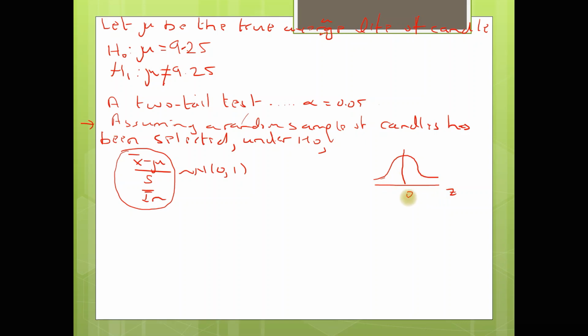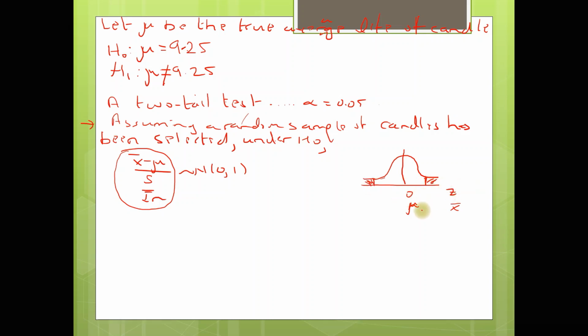You will have a certain value of 0, which is going to correspond to a value of mu on the x bar scale. And then you will need to check where your value of x bar is compared to the mu.